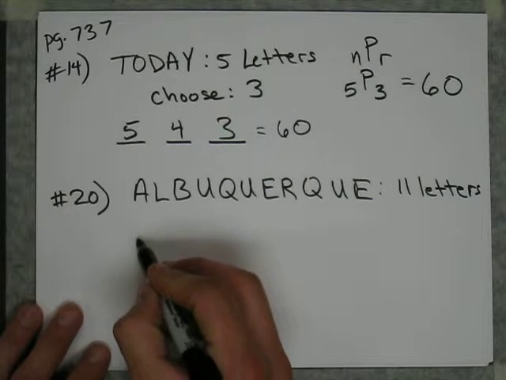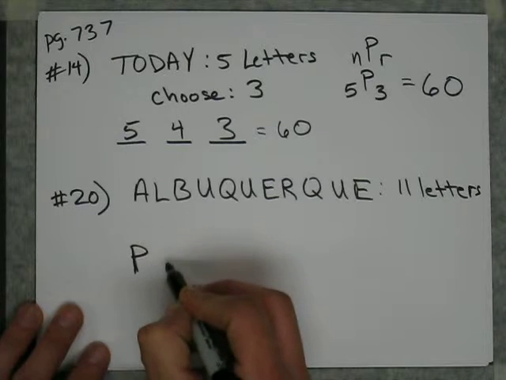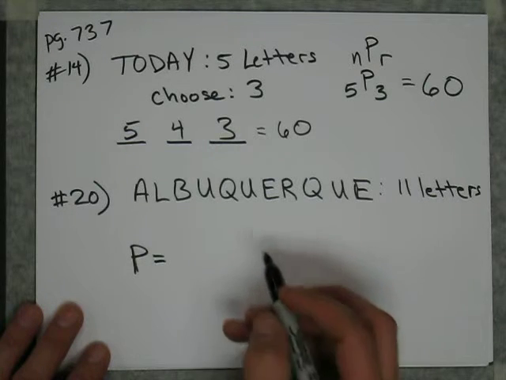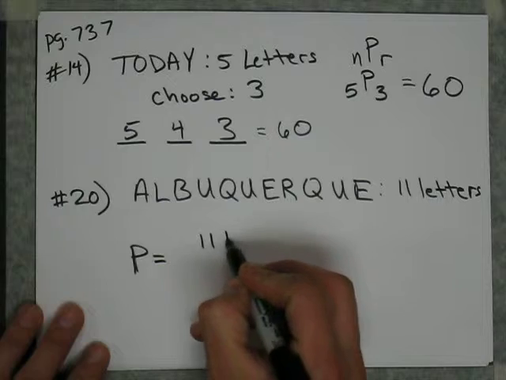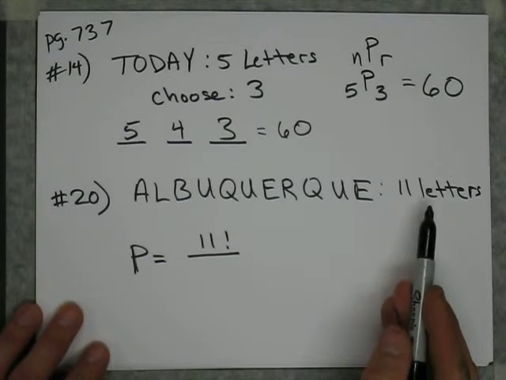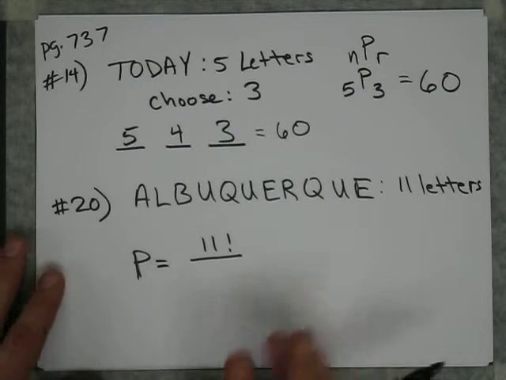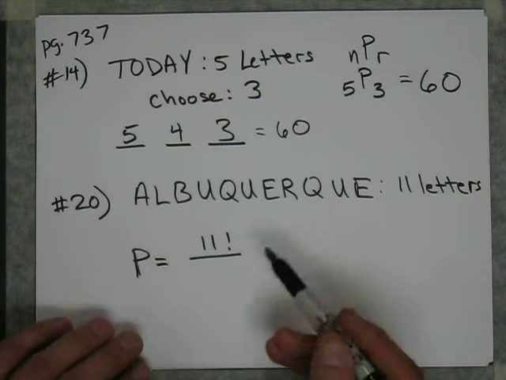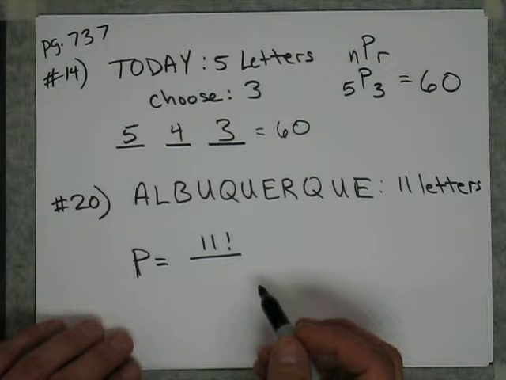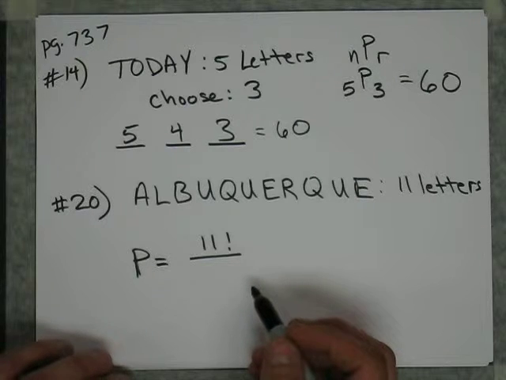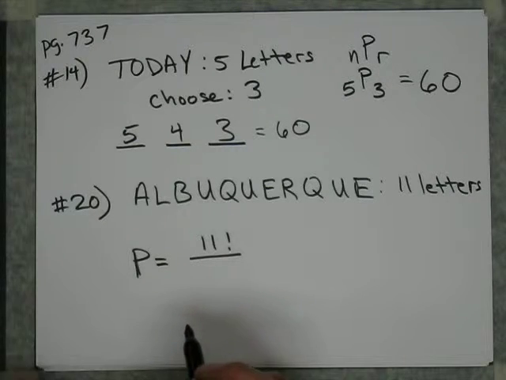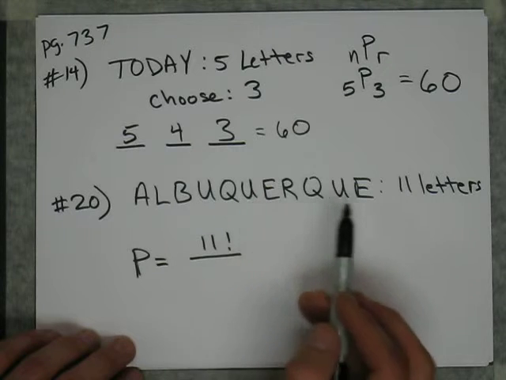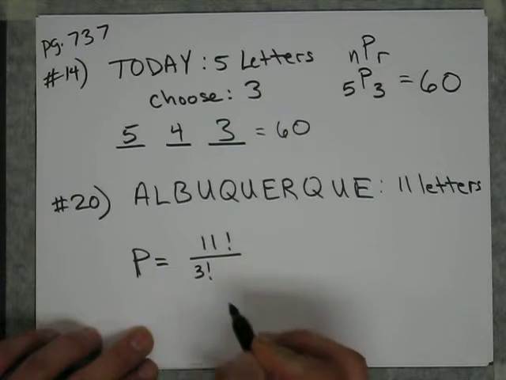What the formula states is that for the arrangements I want, I take the 11 letters, so 11 factorial, but we know that's not true. We can't just say 11 factorial because there's repetition of the U's and the Q's and the E's. So 11 factorial needs to be divided by the repetition ones. There are 3 U's, so 3 factorial.